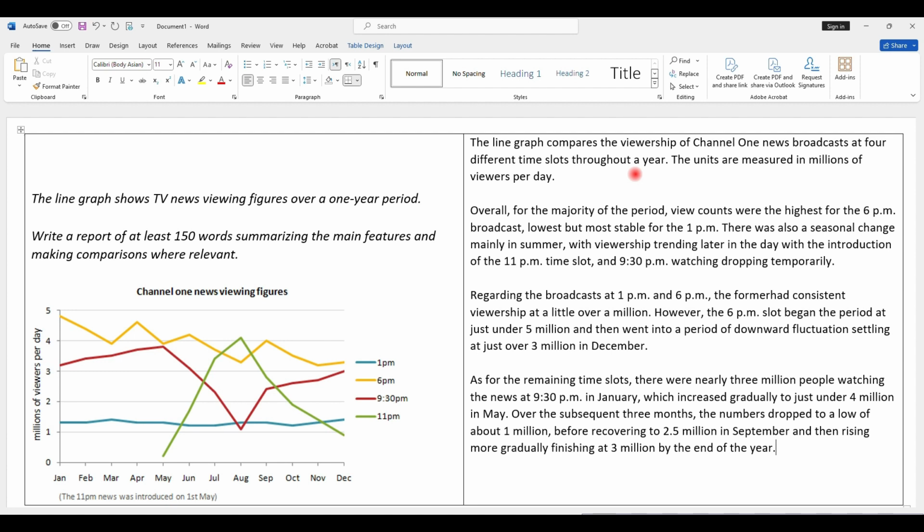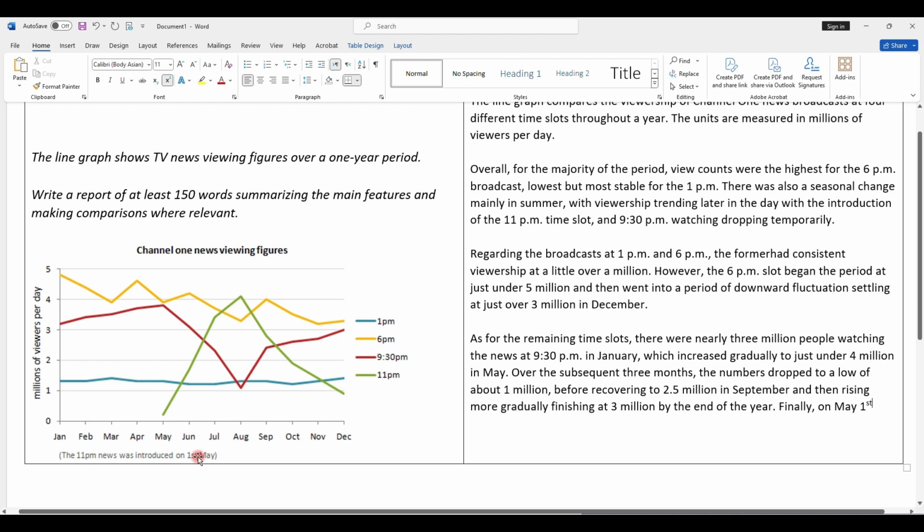All right, finally we need to compare it with the green one. Finally, on May the 1st, okay, we need to include this because as you can see, it's written here, it's part of the information, so it's a good idea to mention this.